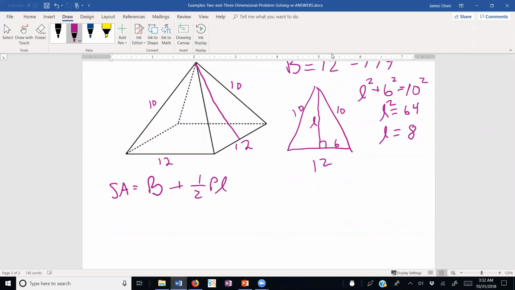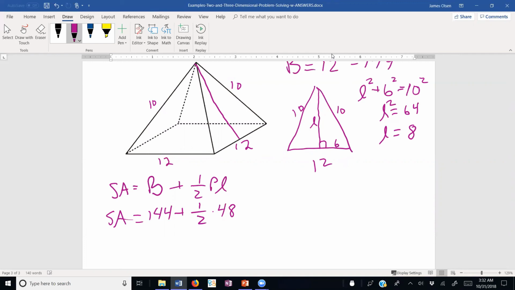Area of the base we had is 144. The perimeter of the base is going to be 4 times 12, which is 48. You can see that these problems require lots of mathematical thinking, both conceptual understanding and procedural understanding.